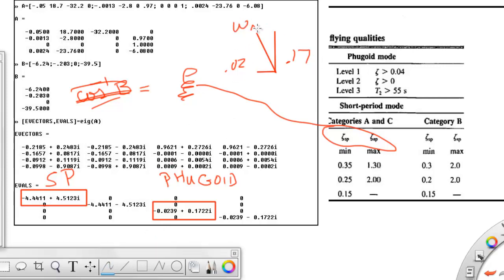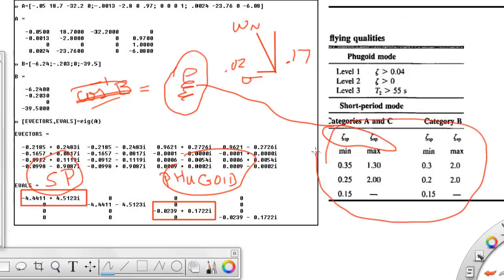And once I know sigma and omega n, then the cosine, or 0.02 divided by omega n, will be the zeta. That's how you figure out the zeta for both the phugoid and the short period. Once you have that zeta, you can compare it with the values given over here to see if it's level 1, level 2, or level 3.